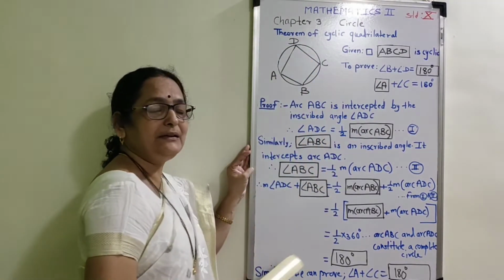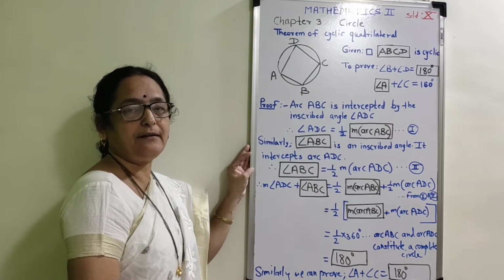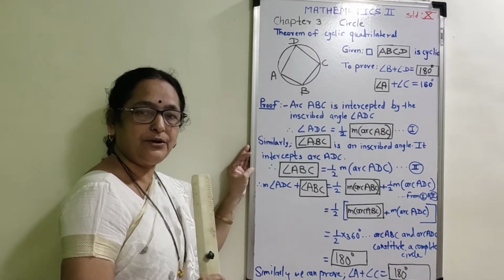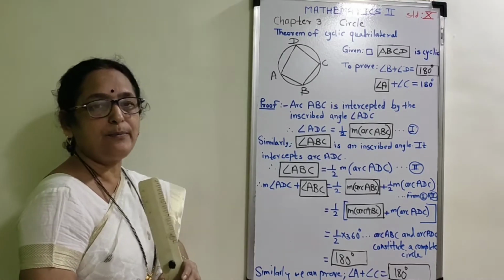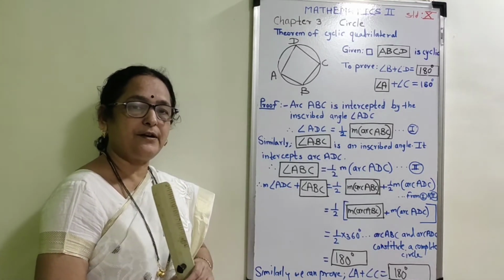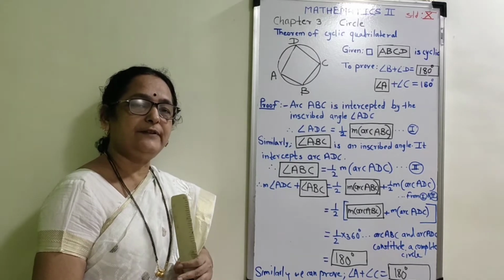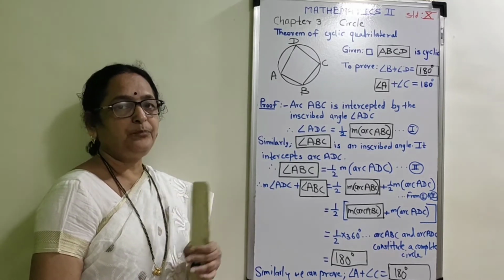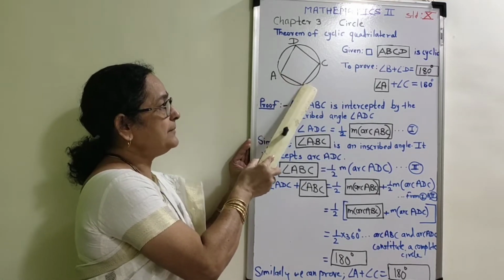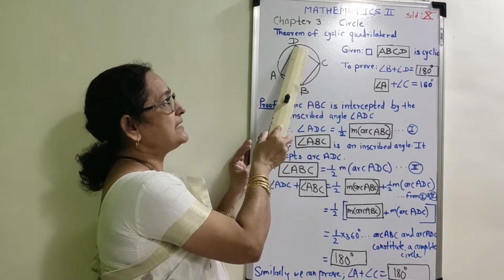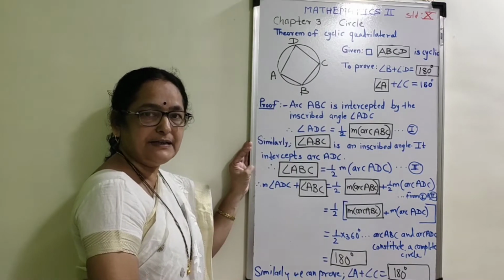Now we know an important property of a quadrilateral, that is, the angle sum property of a quadrilateral. When we take the addition of all four angles of a quadrilateral, the sum is always 360 degrees. Apply this property for this quadrilateral: angle A plus B plus angle C plus angle D is 360 degrees.